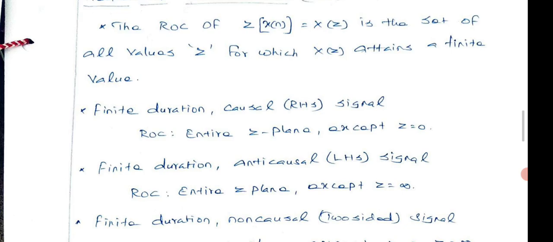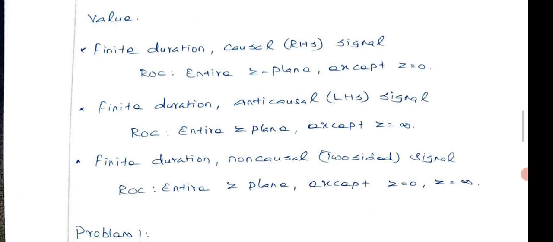Similarly, for an anti-causal, left-hand side signal, ROC will be the entire z plane except z equal to infinity. At z equal to infinity, there is no finite value. Next, for a non-causal signal, that means a double-sided signal, ROC will be the entire z plane except z equal to 0 and z equal to infinity. We won't get a finite value at z equal to 0 and z equal to infinity.